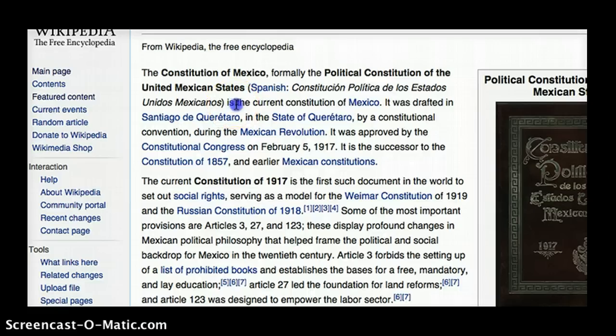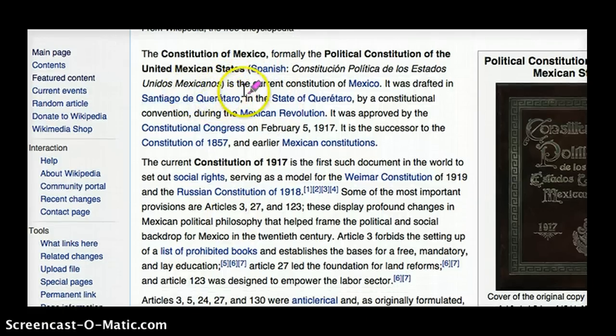Okay, it says right here, and I could use my Scribble if I want to. So let me open my Scribble, and I can start highlighting as I read. So let's see, it was drafted in this place by, who wrote it? A constitutional convention, so kind of like a group of people who came together.